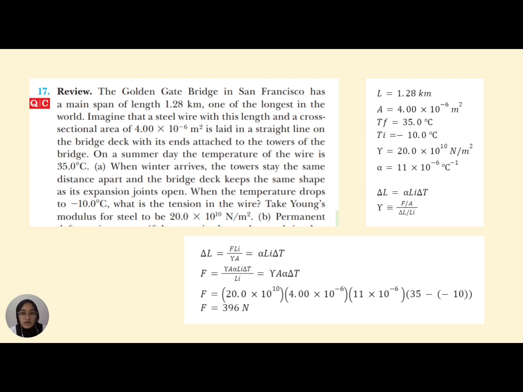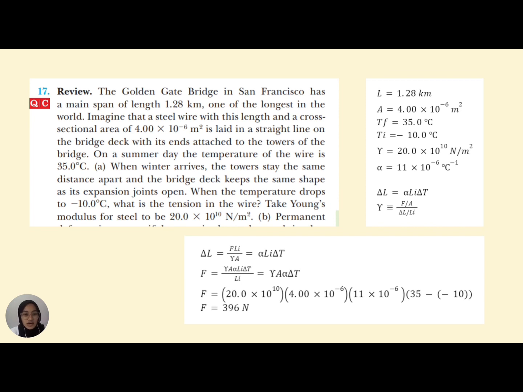The second one is Young's modulus, equal to (F/A) over (ΔL/L_initial). We use these two equations and compare them. So we get ΔL = FL_initial over (Young's modulus times area), which also equals αL_initial ΔT.